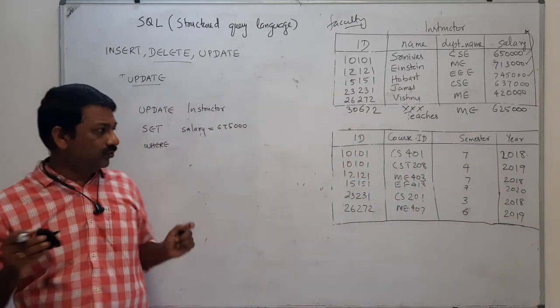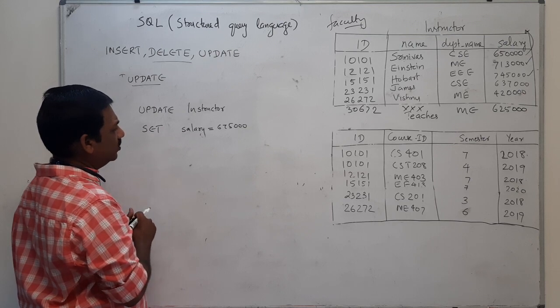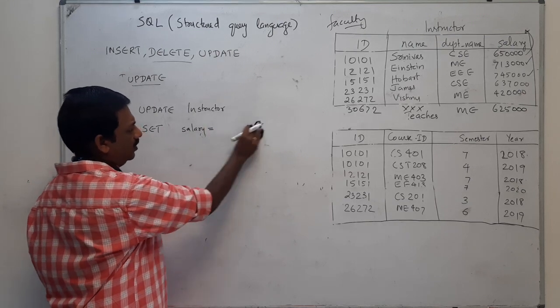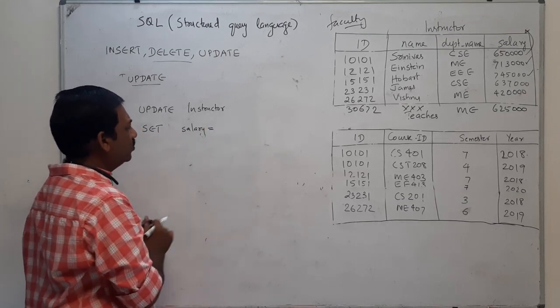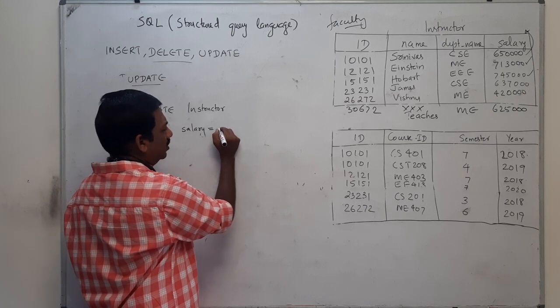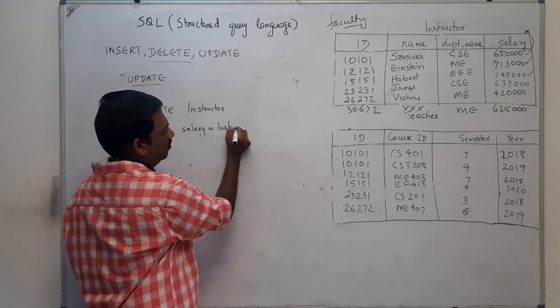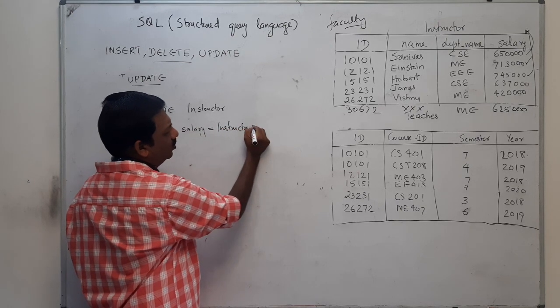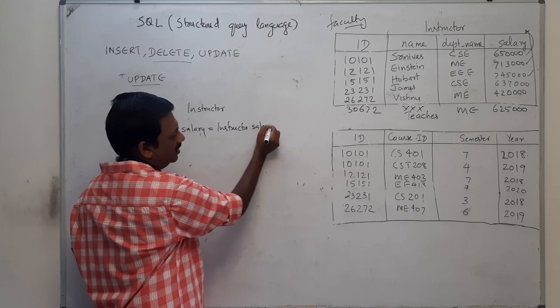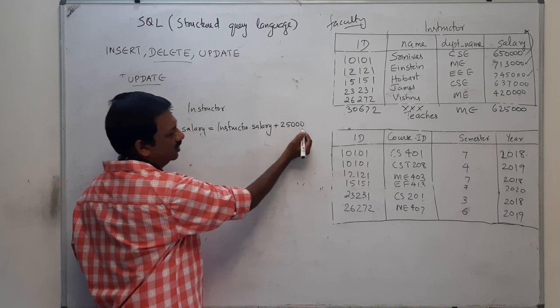In that case, what you have to do is update instructor set salary equal to instructor.salary, the current salary, plus 25,000.